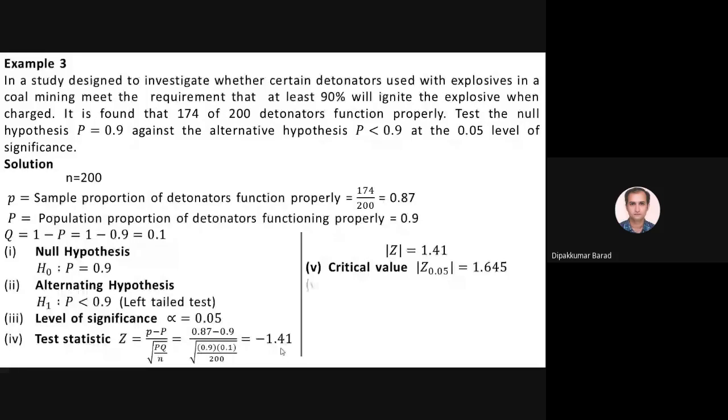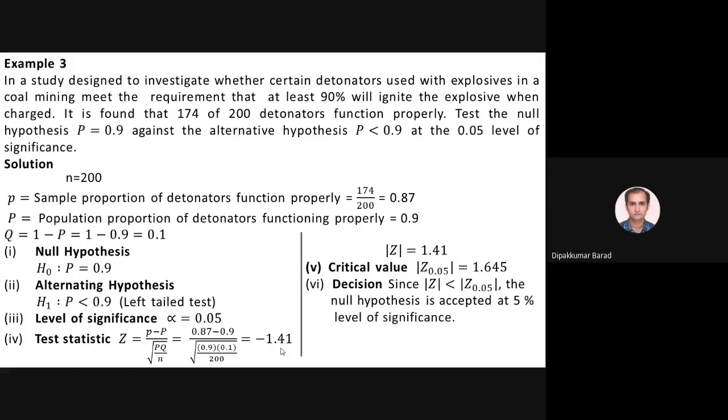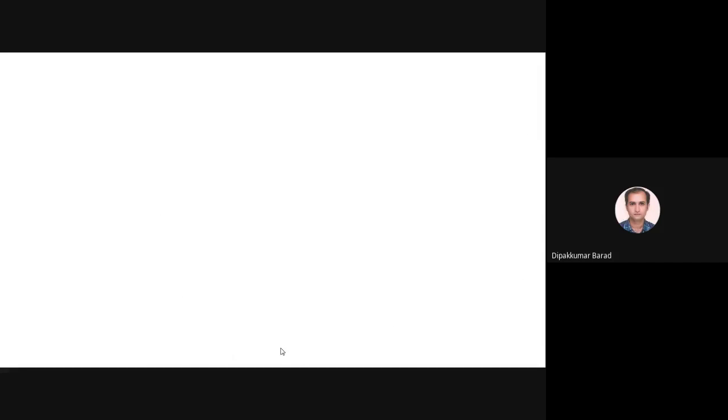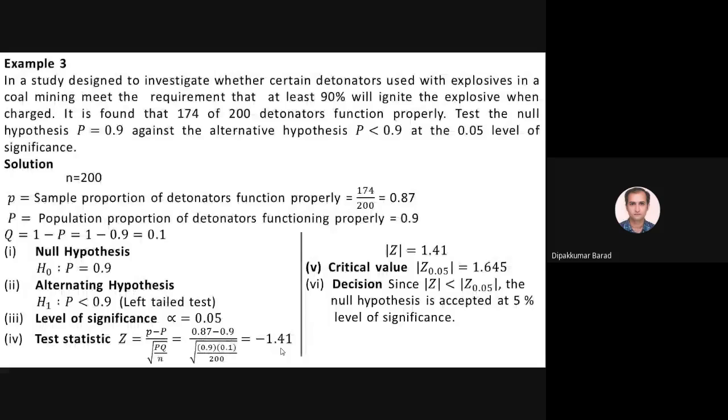So what can we say? We can say that the null hypothesis is accepted at 5% level of significance. Is it clear? Okay, is it clear for everyone? Parth?